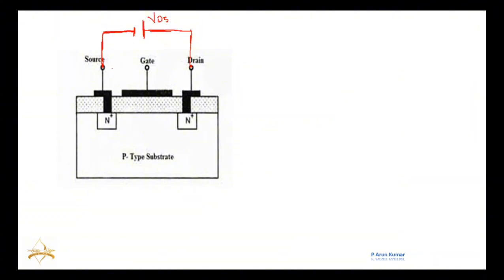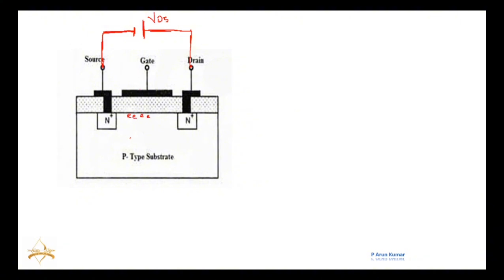And at the gate side, somehow we have to form a channel. Here at the gate terminal, we have to form a channel. To form a channel means here we need electrons.